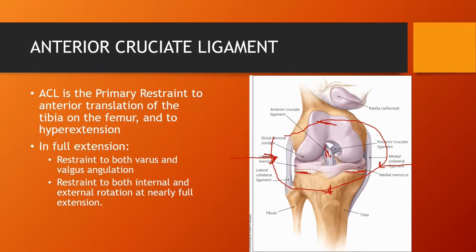But because this ligament is located centrally versus peripherally here, it has a small moment arm and a small point of leverage, such that it's easily overwhelmed by both internal and external rotation forces, and is easily injured and damaged by internal and external rotation forces. So when we do our assessments of the anterior cruciate ligament, we want to include internal and external rotation positions in our physical examination testing of this ligament.